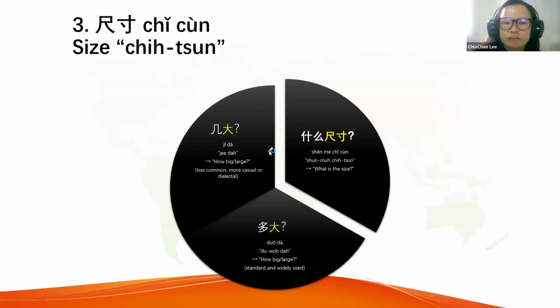Then we have to move on to the size. 什么尺寸? 几大 how big? 多大? Okay. So depends on who we are talking to. Or 极小多小, like the bolts and nuts.